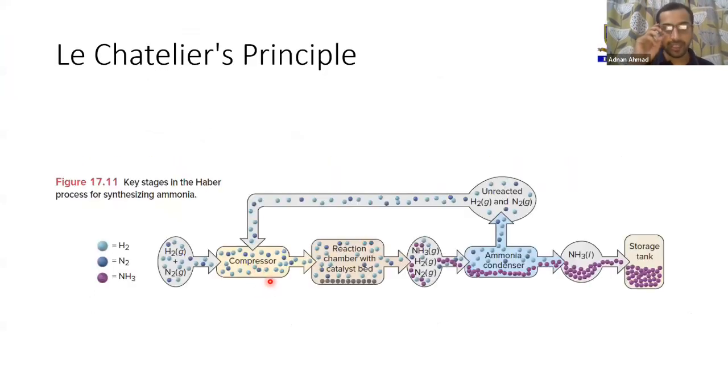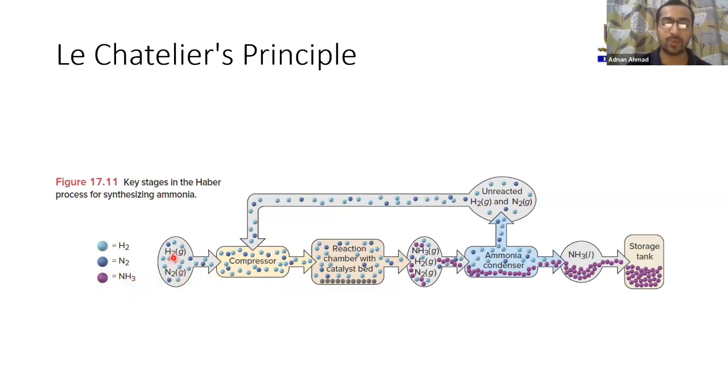The industrial application of Le Chatelier's principle is the production of ammonia, NH3. Ammonia is a really important gas, with lots of industrial uses, and we make lots of chemicals using ammonia.